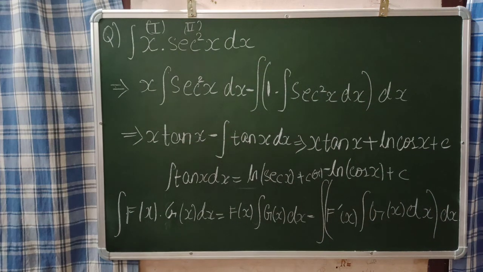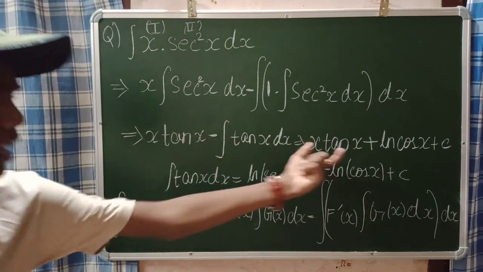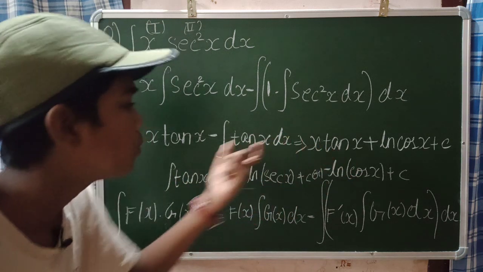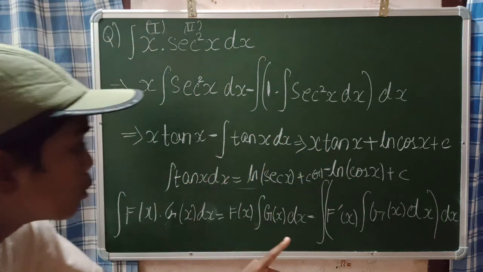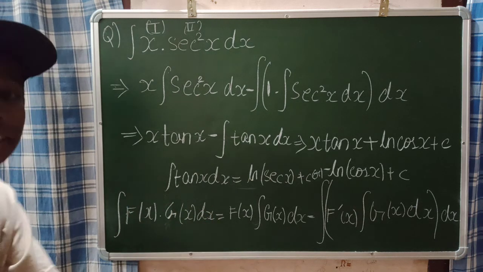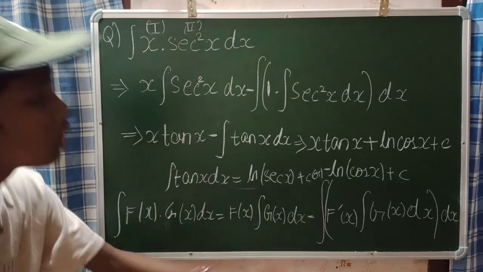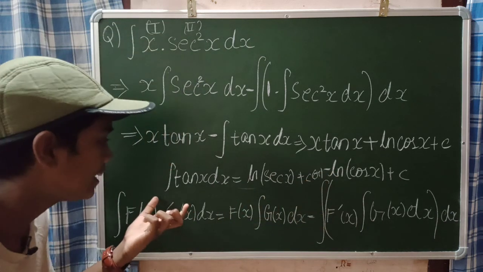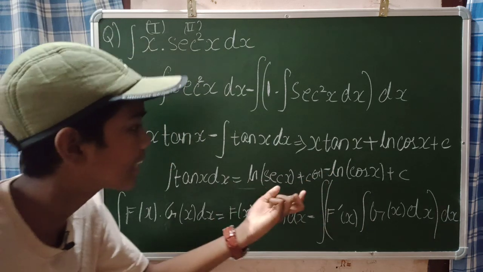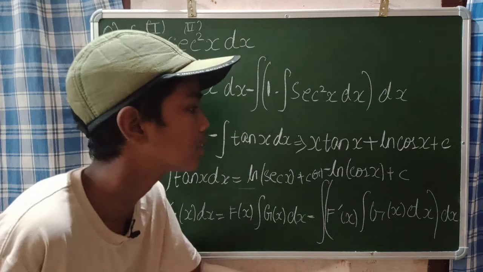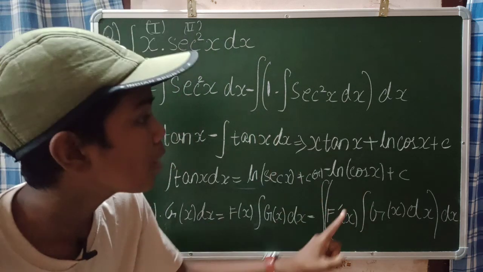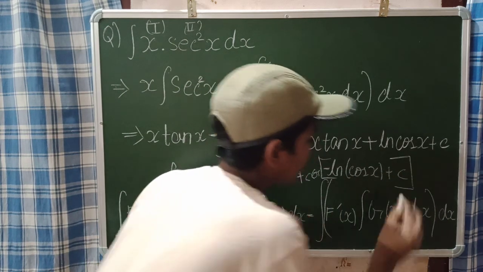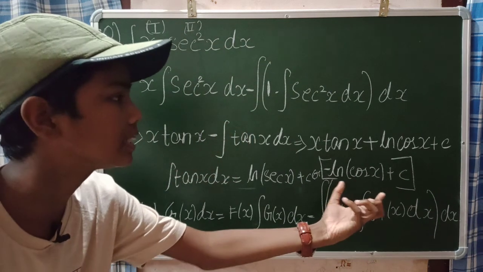Just simplify it. I will repeat once again. x tan x I wrote here, then minus the integral of tan x dx. What is the integral of tan x dx? As we know, you can write it in two ways: ln of sec x, or minus ln of cos x, plus some constant. Here I am taking this form into account.